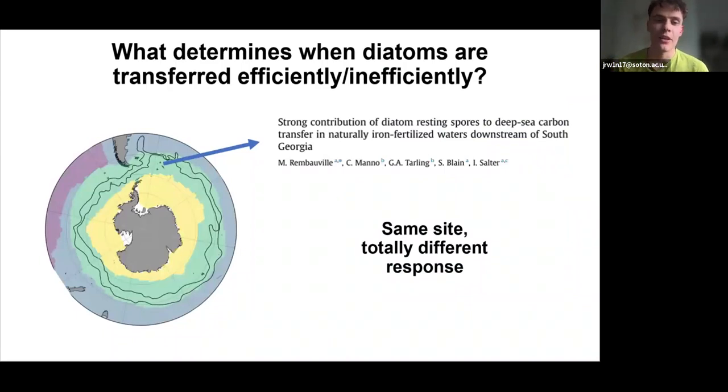And I think this is nowhere better illustrated than at the P3 site, the Atlantic site at South Georgia, wherein in another year, it's been observed there that diatoms are really, really important for deep sea carbon transfer. So even at the same site, you can have totally different response processes acting year to year.